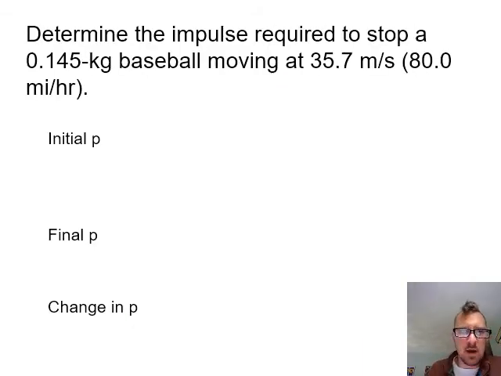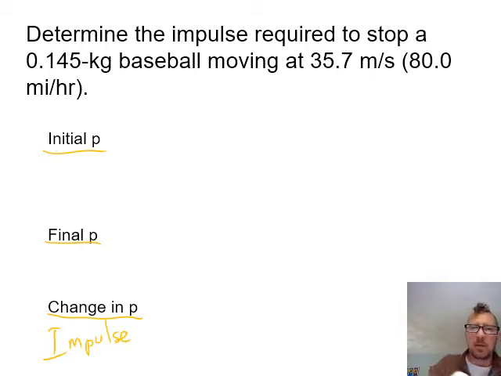So here we've got a problem that involves some numbers. I didn't give these wrong numbers. But the idea here is we want to come up with how much momentum the baseball starts with and ends with. Change in momentum means impulse.